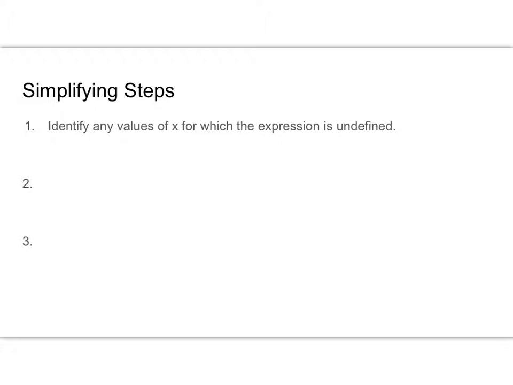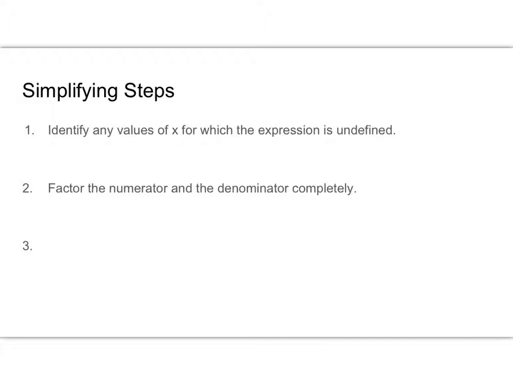There's a few things you have to do when you're simplifying. The first thing you need to do is identify any values that make the denominator undefined, right? Because you can't have 0 in your denominator. It's okay in your numerator, but not in your denominator. So you have to look for values of x that make your expression undefined.